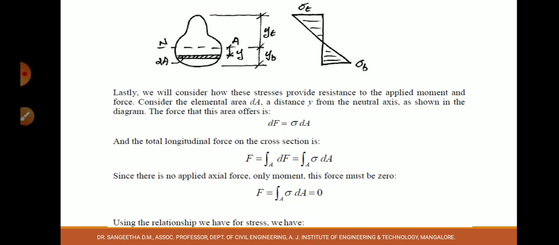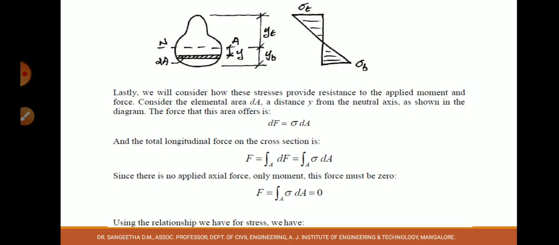The force on that area is dF is equal to sigma into dA. Force is equal to stress into area. For the total force, we integrate the force in the elemental area over the whole area.